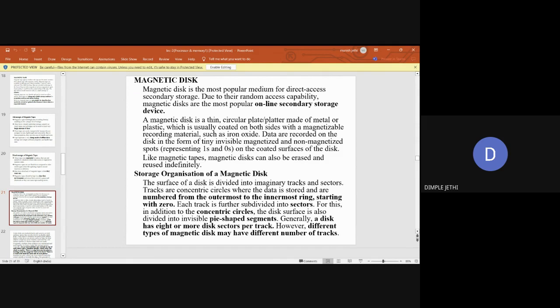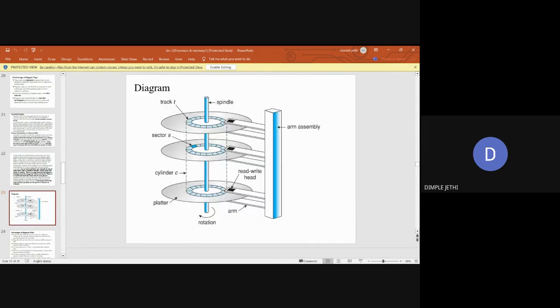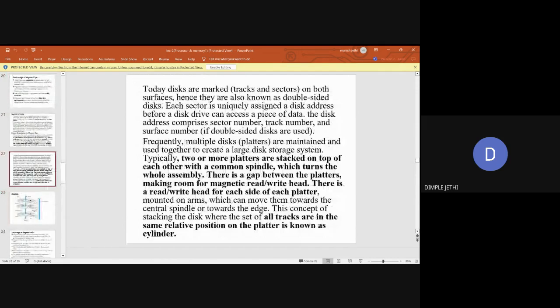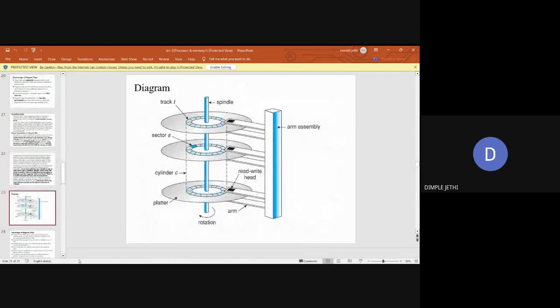First of all we divide the disk into some circular shapes, and those are called your tracks, and then these circles are divided into some pie shaped structures. So you can see these are circular shapes, so we divide the hard disk into some circles, and then these circles are divided into pie shaped segments.